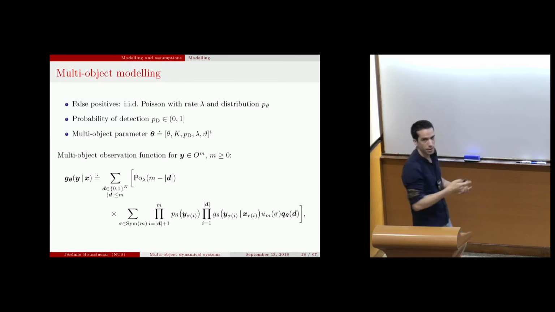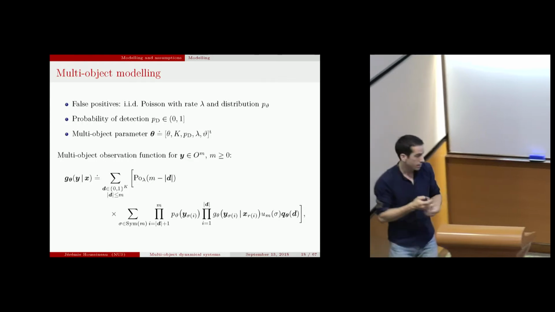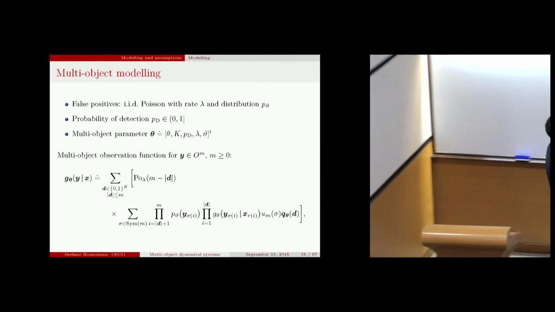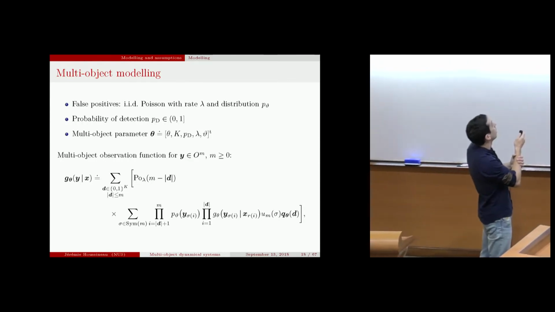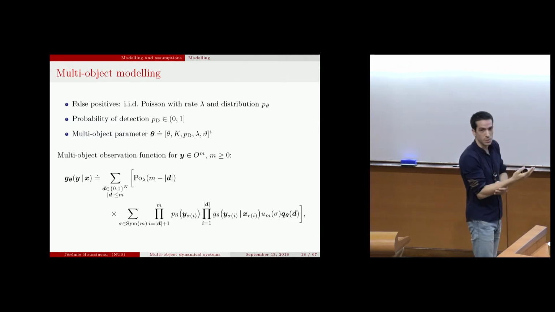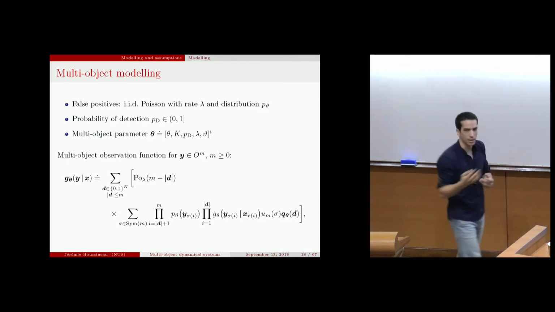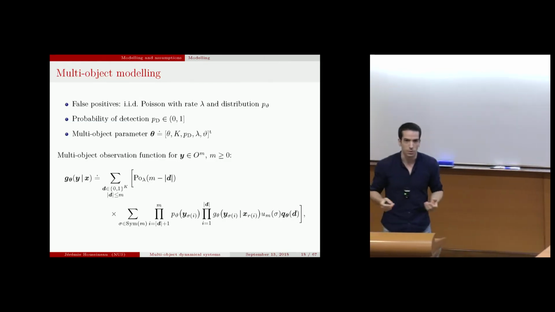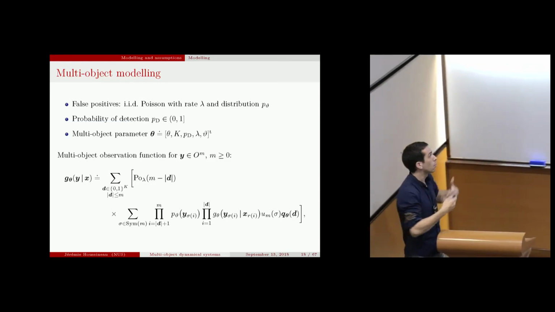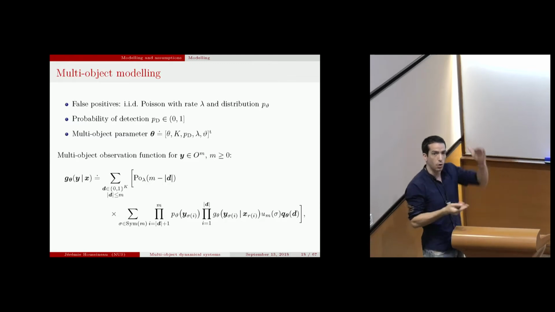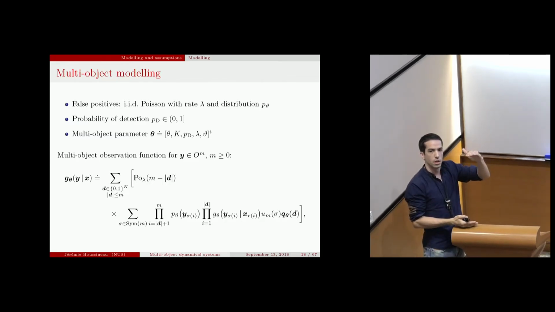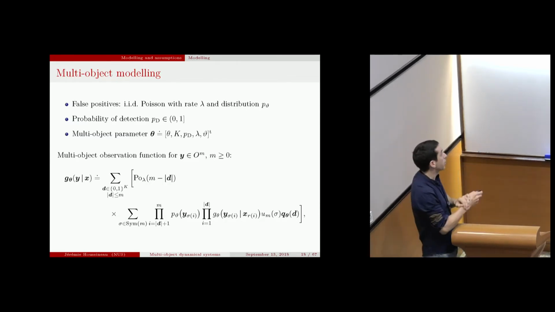Here x is just one point in your state space. You don't know that the targets are at x, otherwise the problem would be solved. It's just one potential state for all your targets at once. And y is your data. Yes, y is the data.